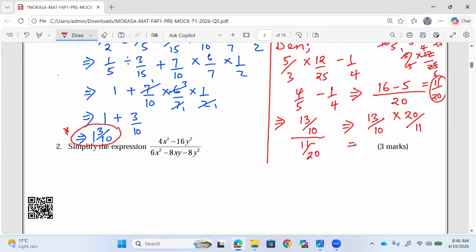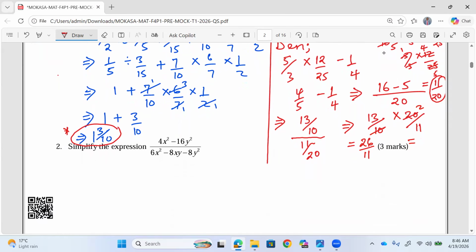And this shall land us at, you see, 10 can simplify to give us 2. Do we have anything else that can simplify? So this is 26 out of 11. 26 over 11. So with 26 over 11, we can now make it a mixed number from an improper fraction.